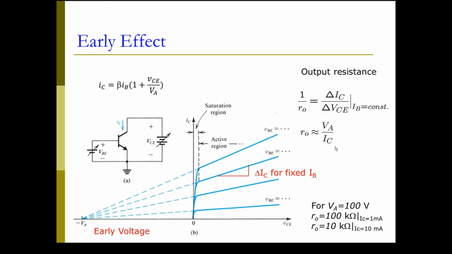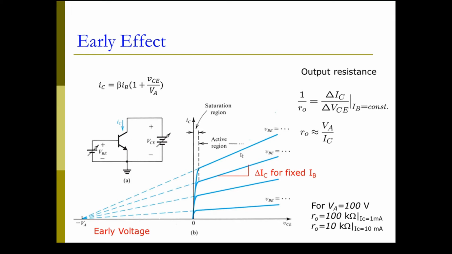If we specify the current, the capital IC here, and we know the number VA, we will be able to calculate at that particular point the output resistance, small ro.